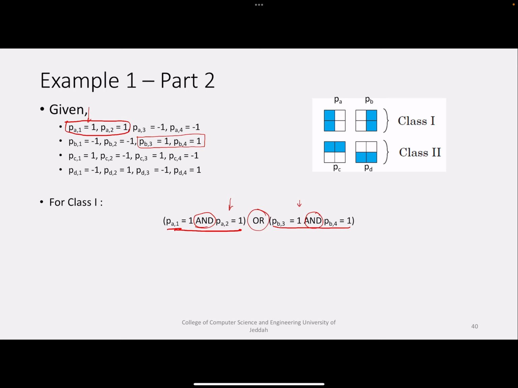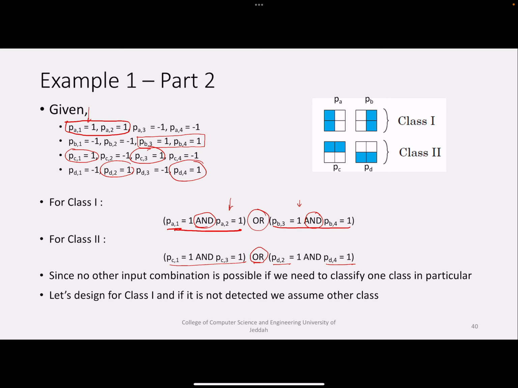And I can do something very similar for class 2. So if first and third input are 1, that's this situation. Or if the second and fourth together are 1, I want this neural network to classify this as the other class, class 2.